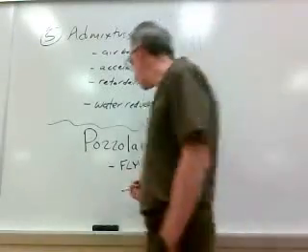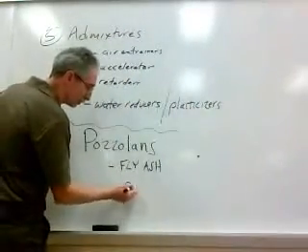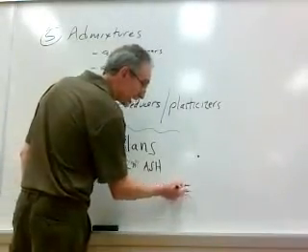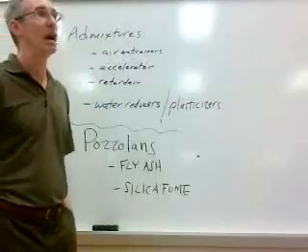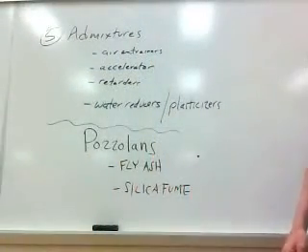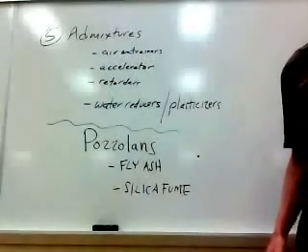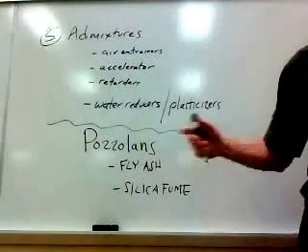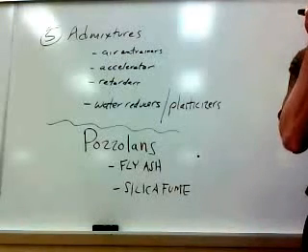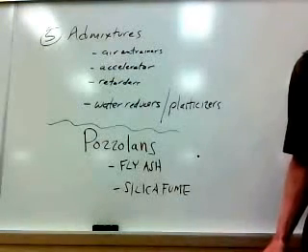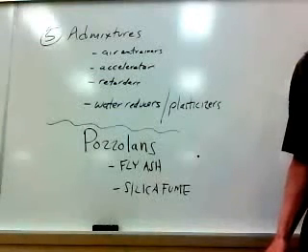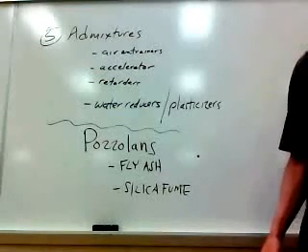That's fly ash. Another common one's called silica fume or microsilica. This is the gold standard. Microsilica comes from the production of silicon plating, and it's the gold standard because they've really found this to work very well.